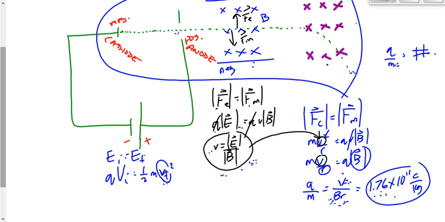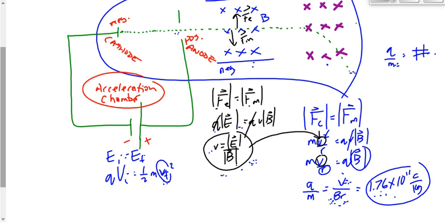Good. By the way, some names that we're going to apply to these just so that we're speaking on common ground when I talk about this. We'll call this first section the acceleration chamber. That's just my name for it, not an official name, but that's what I'll call it whenever I'm referring to this section where the electrons or cathode rays, whatever you want to call them, accelerate from the anode to the cathode.